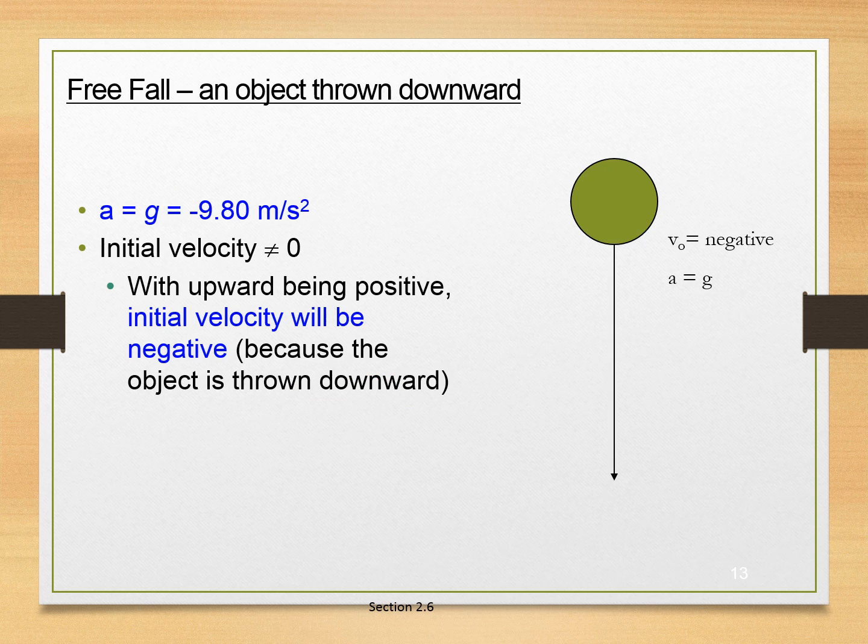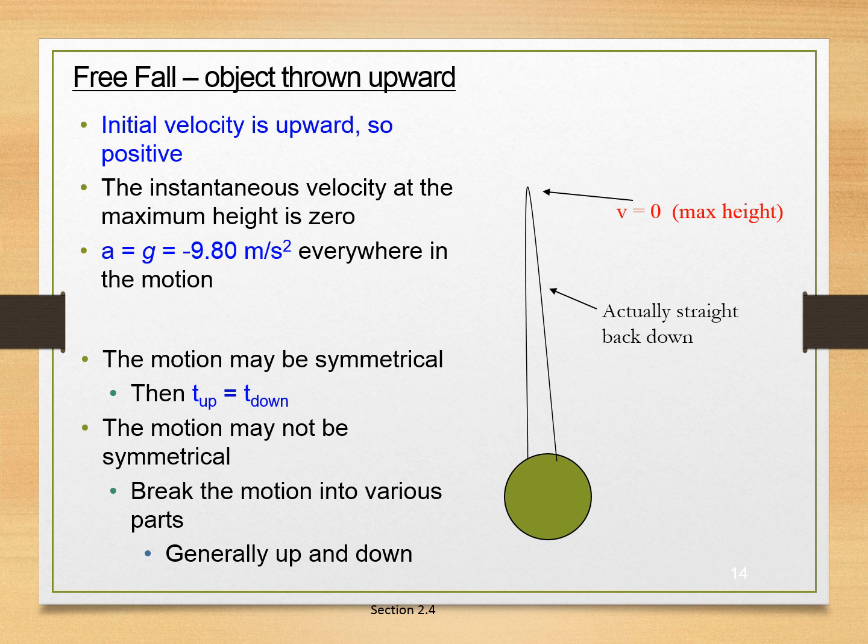For an object thrown downward, the initial velocity is not equal to 0 as we throw the object with a velocity, and the initial velocity will be negative because the object is thrown downward. For an object thrown upward, the initial velocity is upward, so it will be positive.